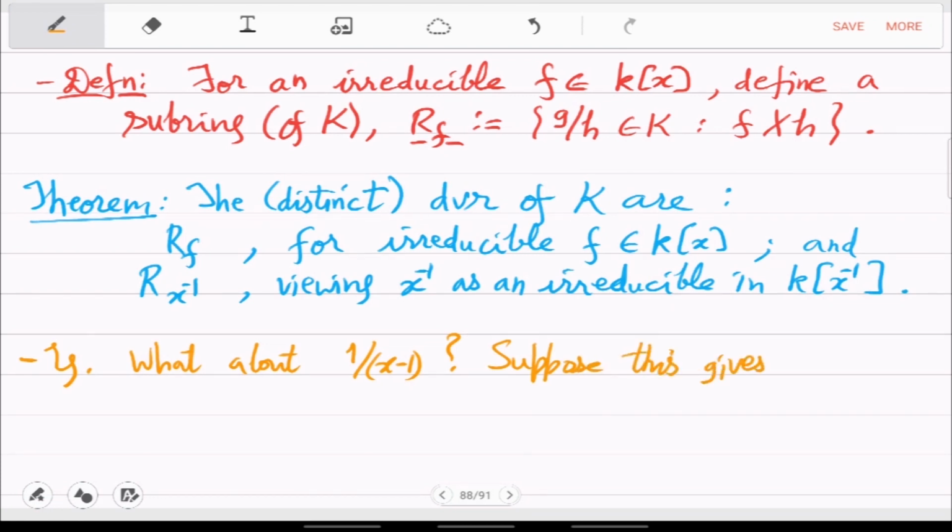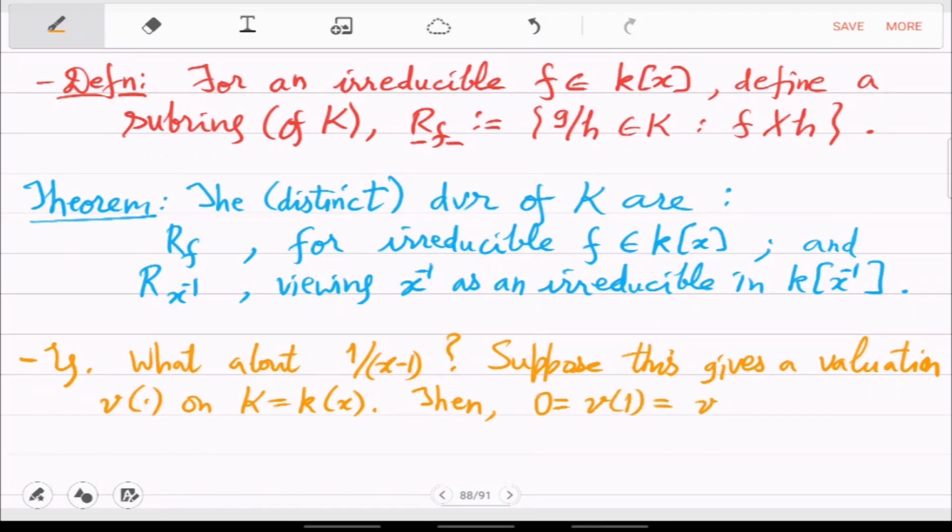Suppose this gives a valuation v on K[x], then what you can look at is v of 1, which implies that 0 has to be at least v of x and v of x minus 1.